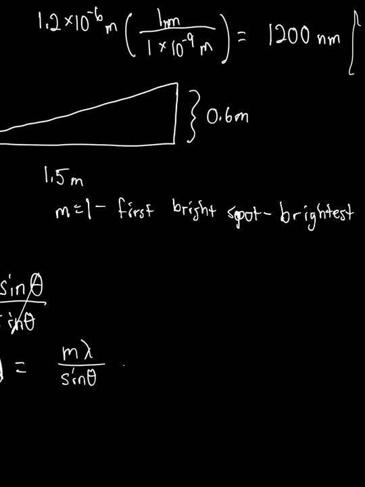How about lambda? Did they give us lambda? We do. We know what a He-Ne laser is. It's a helium-neon laser. The wavelength of a helium-neon laser is 6.33 times 10 to the negative 7 meters.